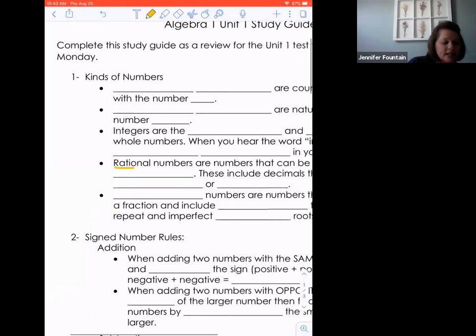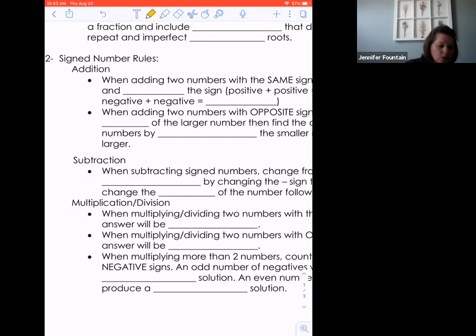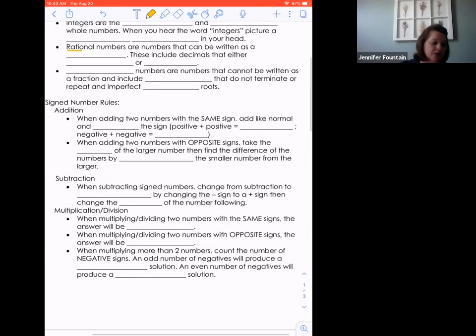All right, the second section, signed number rules, okay? You can see I've put a lot of information on here about the rules for signed numbers, whether it's adding and subtracting or multiplying and dividing. That is also from lesson 1. We know that if we add two numbers with the same signs, our solution will be whatever that sign is.